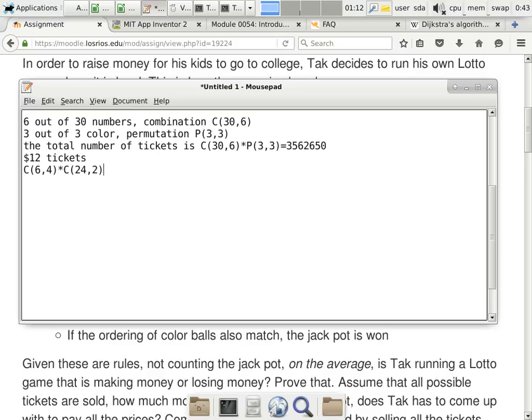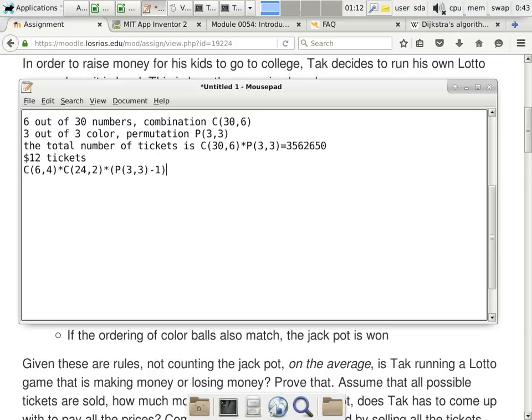But remember that this one cannot have a matching ordering of the colors, right? So how many ways can we arrange the colors excluding the one that is actually winning? So you have to multiply again, but this time it is the permutation of choosing 3 out of 3 colors minus the one that matches.